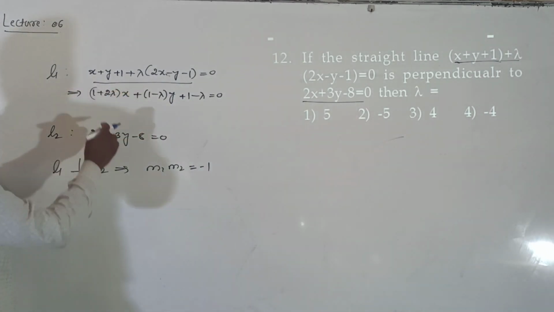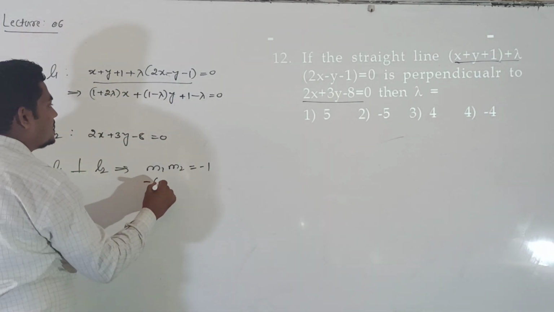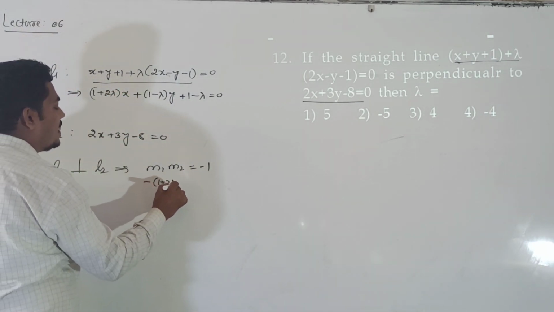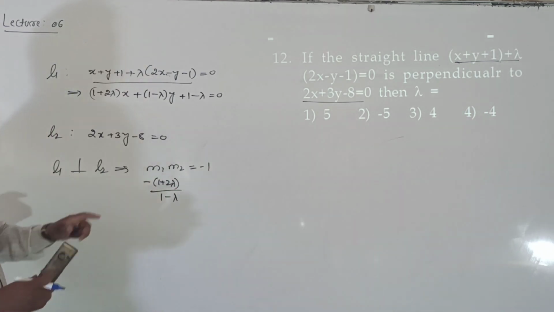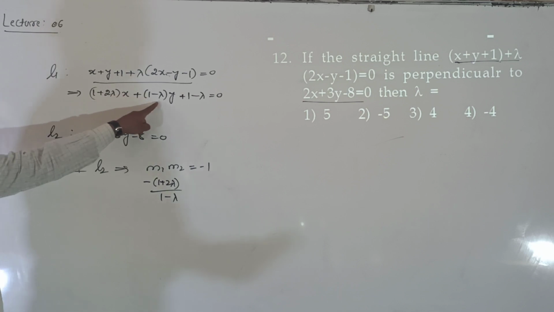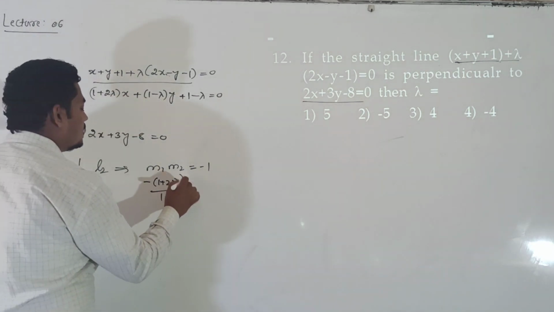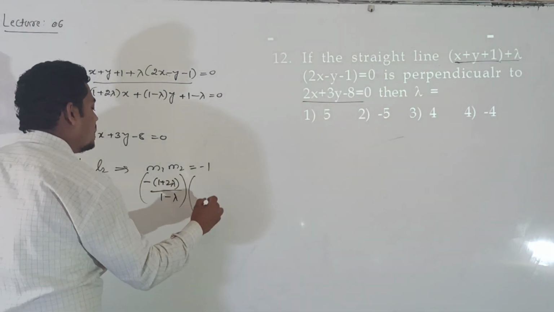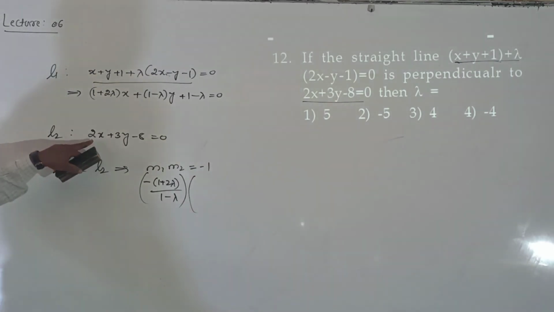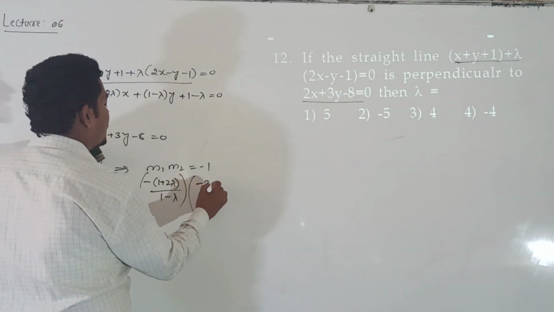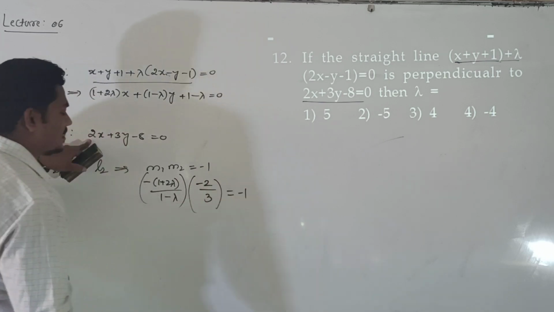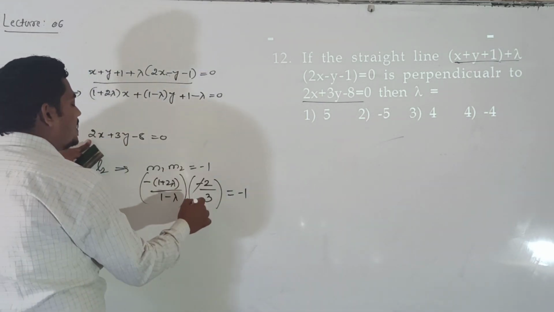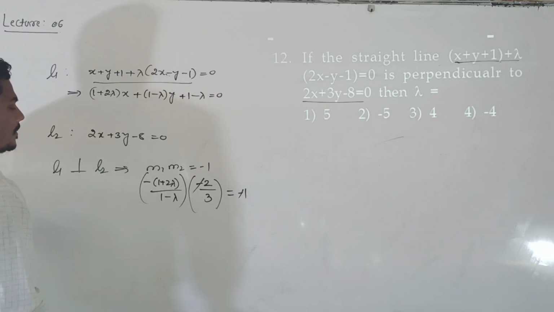What is the slope of the first line? That is minus a divided by b, minus (1 plus 2 lambda) divided by (1 minus lambda). Slope of line 1 into slope of line 2, minus 2 divided by 3, is equal to minus 1. One of the negative signs will get cancelled.